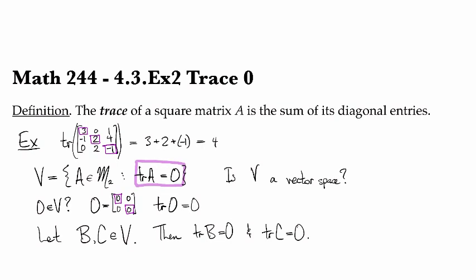Well, B then has to look like something where there's stuff here and there's stuff here, and I don't know what they are, but they have to cancel out when I add them together. So if this is B up here, then this has to be minus B down here. Now, what's off the diagonal?